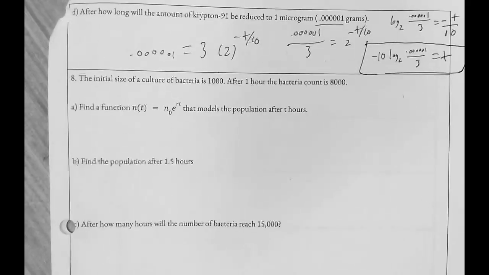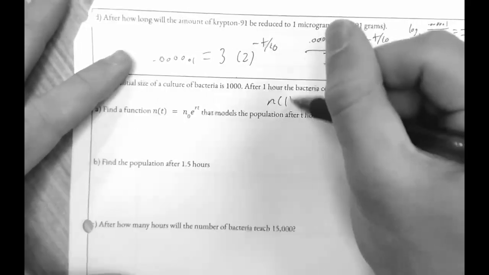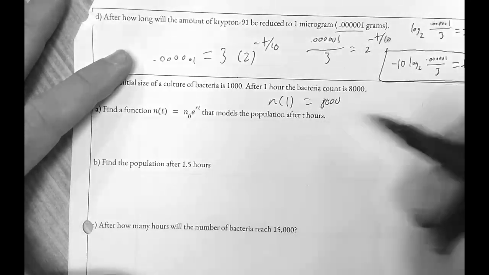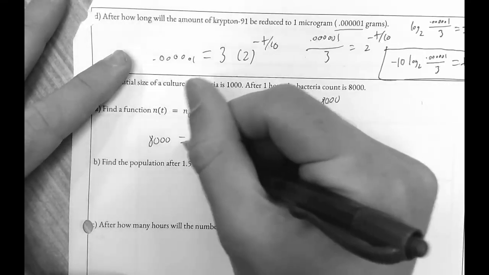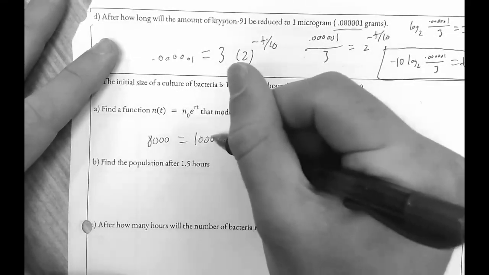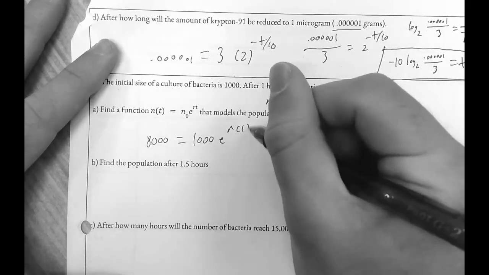That's it. Okay? The initial size of a culture of bacteria is 1,000. After 1 hour, the count is 8,000. Find a function n naught e to the rt that models the population after t hours. Okay. So we have a point. We know that n of 1 equals 8,000. That's all we need. Then we can plug that into here. So 8,000 equals my starting amount, 1,000, e to the r times 1.